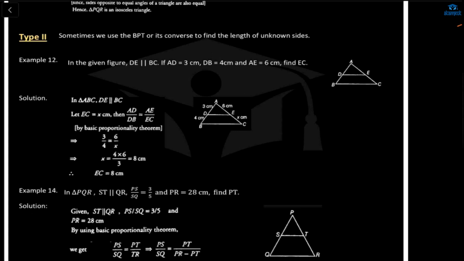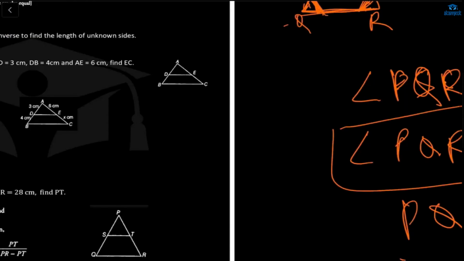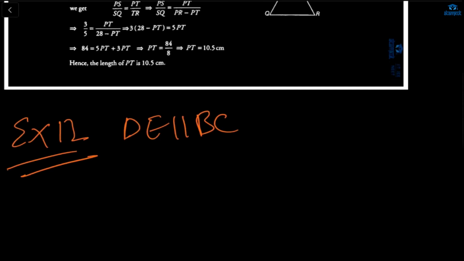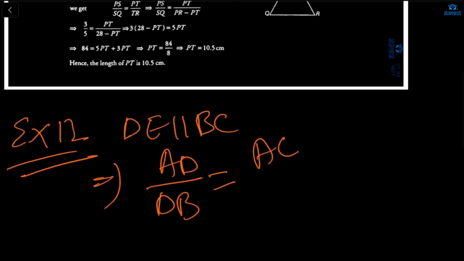Now, if you see example number 12, it is a very simple one. In your question it is given that DE is parallel to BC, which implies that AD by DB is equal to AE by EC.